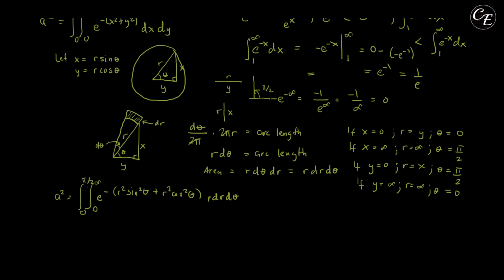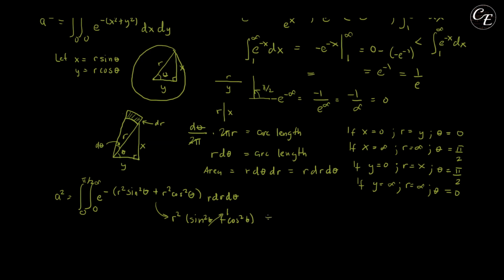We will have no problem with that because, as you can see, our transformation functions are monotonic for r 0 to infinity and for theta 0 to pi over 2. Now, this one is equal to r squared times sine squared theta plus cosine squared theta, and this is 1.